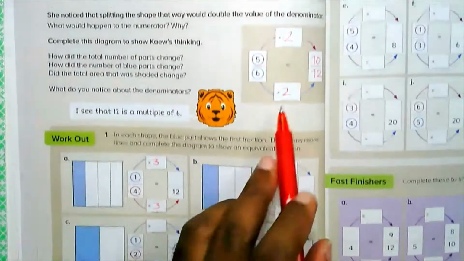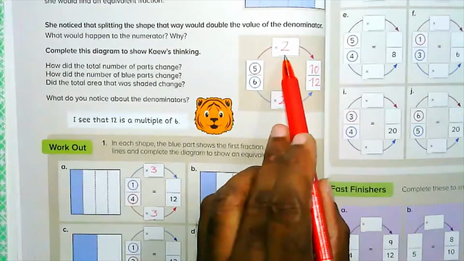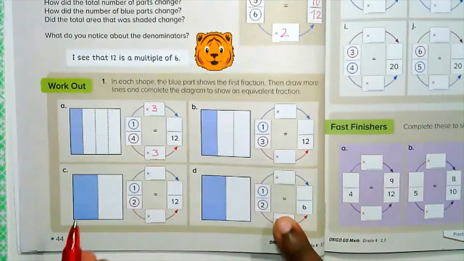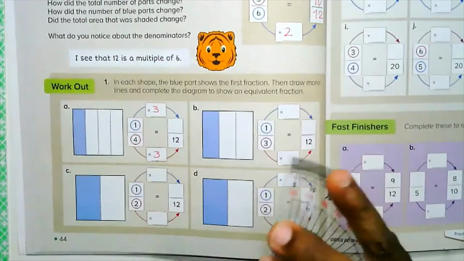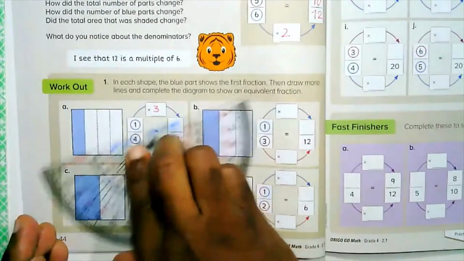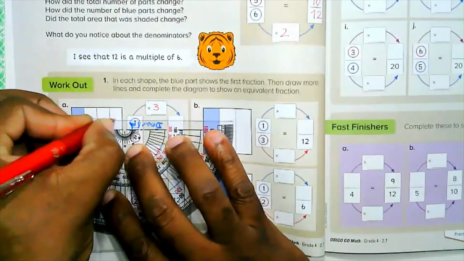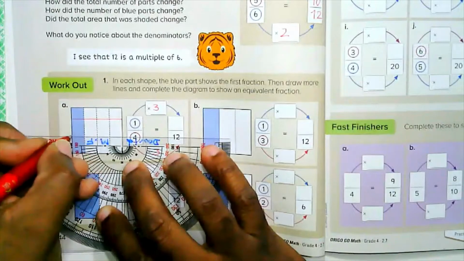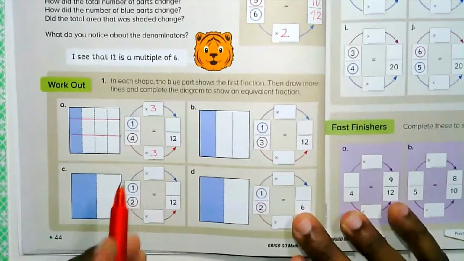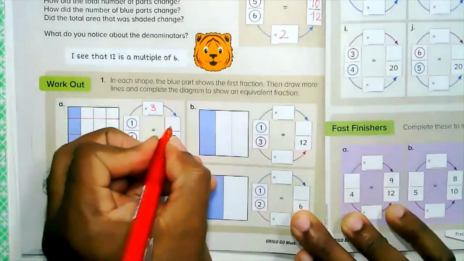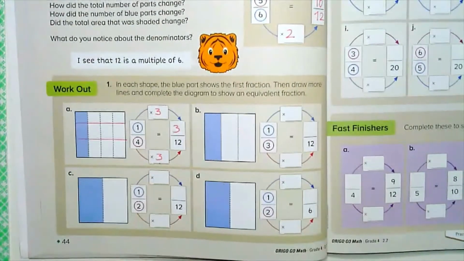Since we're multiplying by 3, we draw lines to split it into 3. So let's split them horizontally and make sure it's equal. So 1 times 3 will be 3. So 1/4 is equivalent to 3/12.